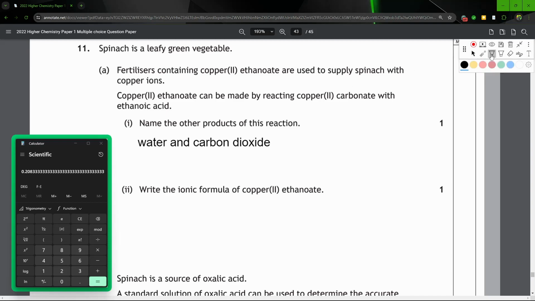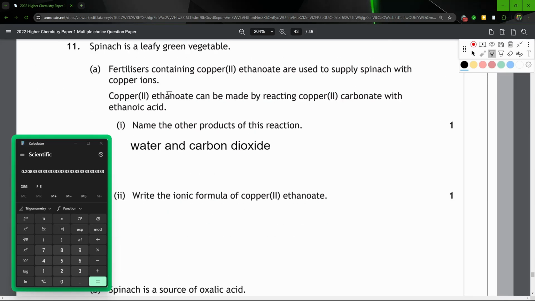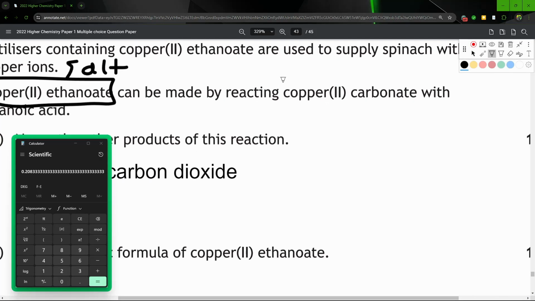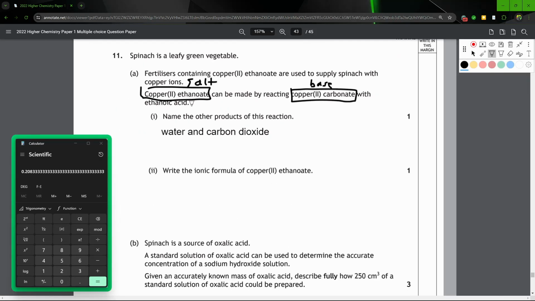This is actually a hidden neutralization reaction. Copper carbonate is actually a base, an alkali, and ethanoic acid is of course an acid. So this is a neutralization that produces salt, water, and carbon dioxide.